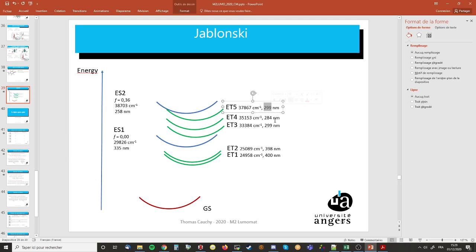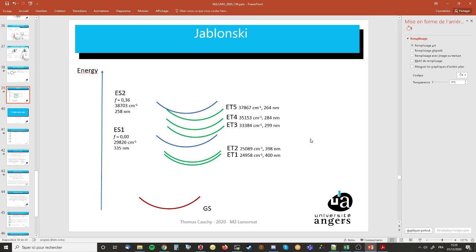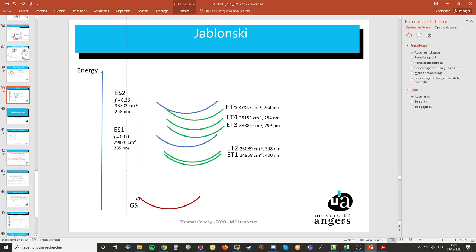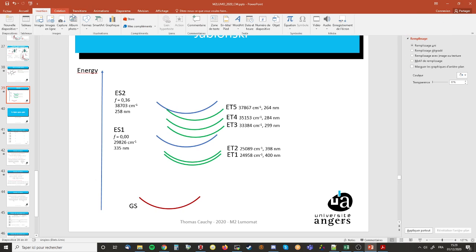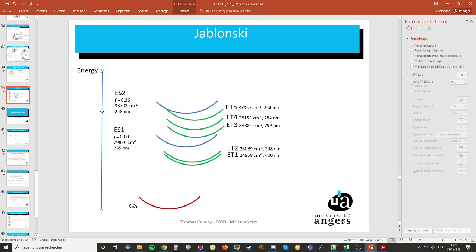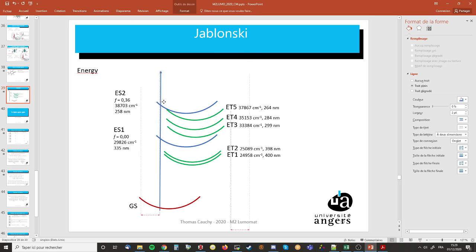That means that, for example, between two states, we will say there is no vibrational relaxation because the energy difference is higher than... What is the value of this energy difference that we could use to say if there is or not vibrational relaxation?